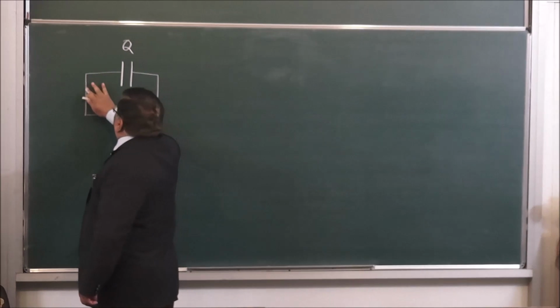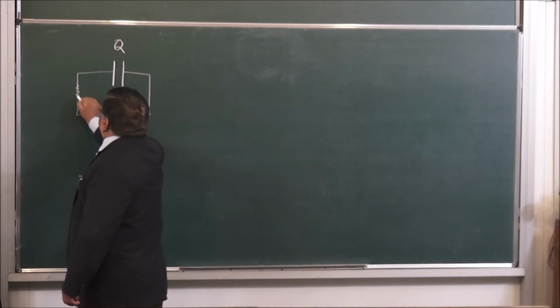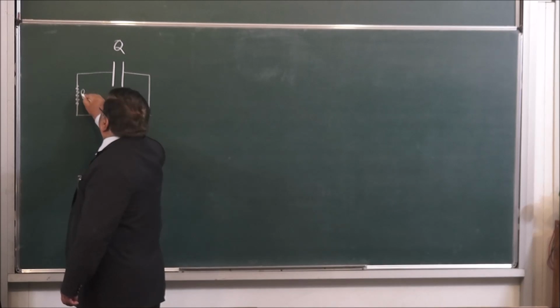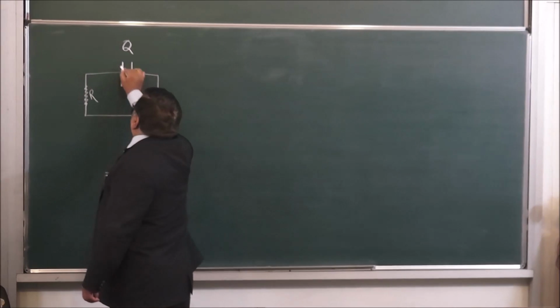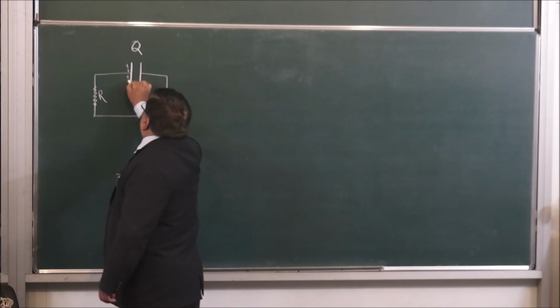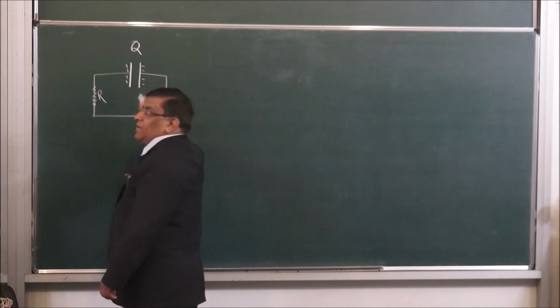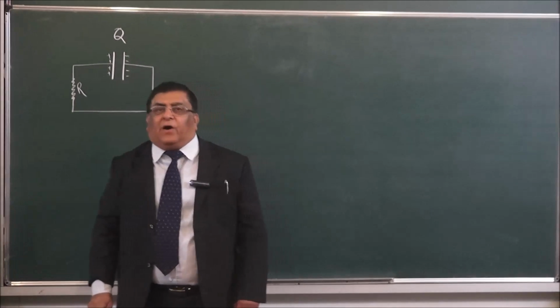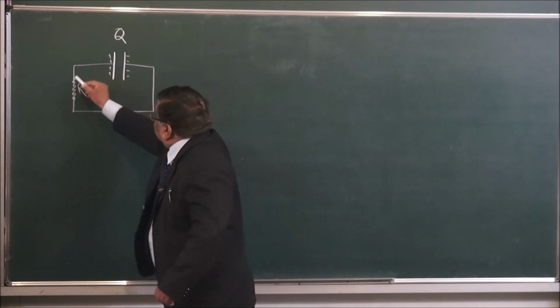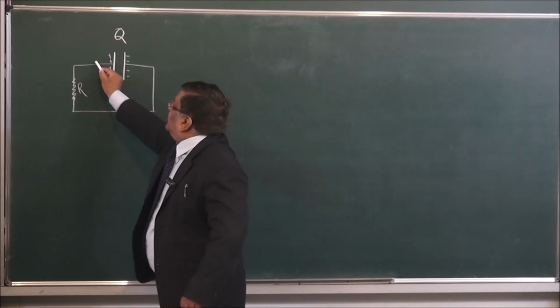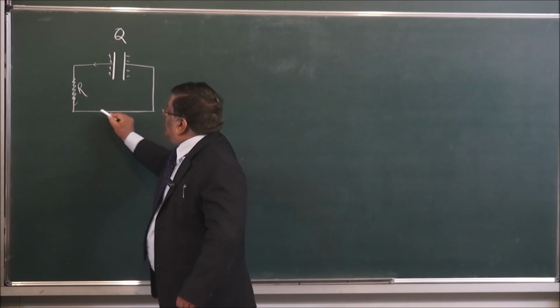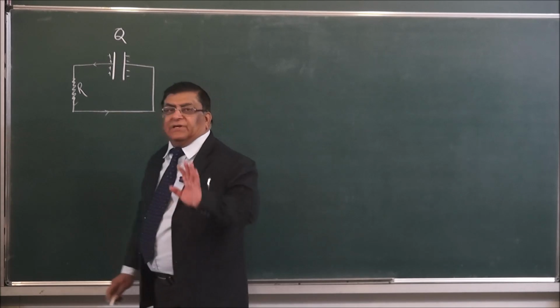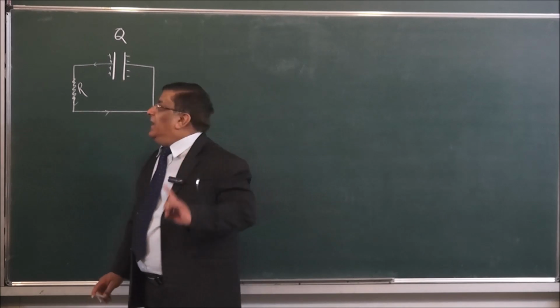This conductor may be having certain resistance. Let us say this resistance is R. And now when we short circuit it this way, the charges flow this way. And for discharging, we don't need any cell, any battery.